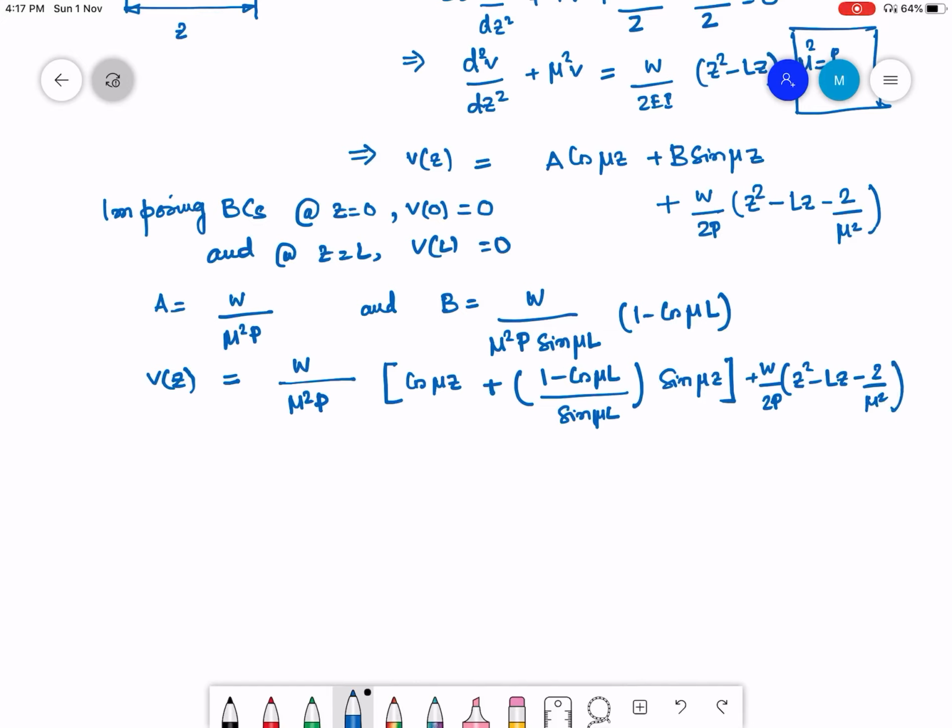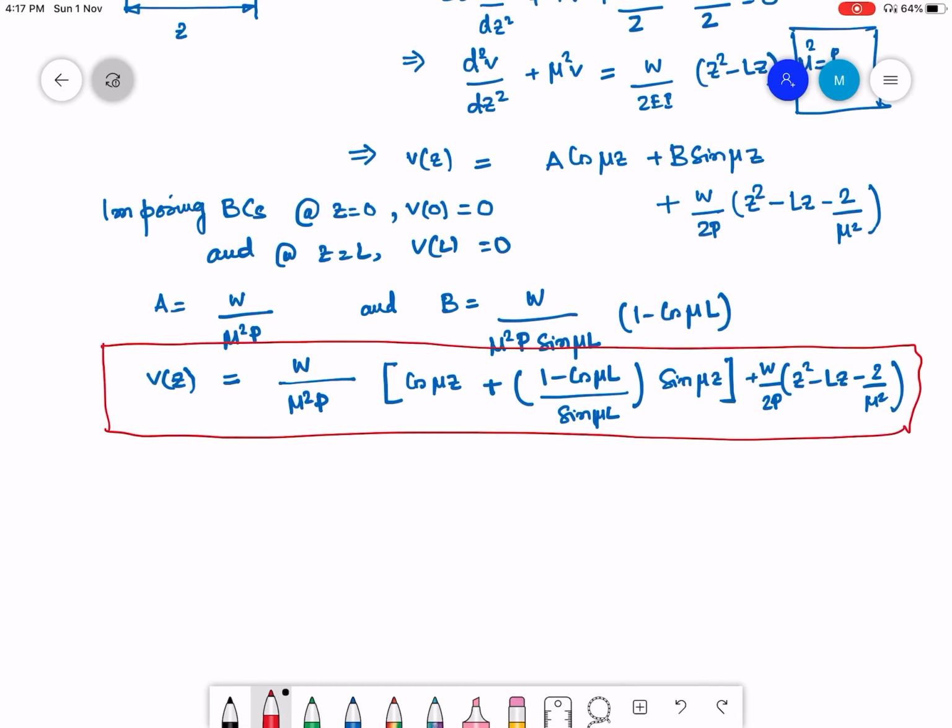Okay, so this is going to be the final solution of the beam with the distributed transverse load and the axial compressive load.